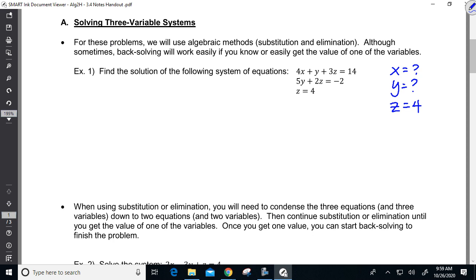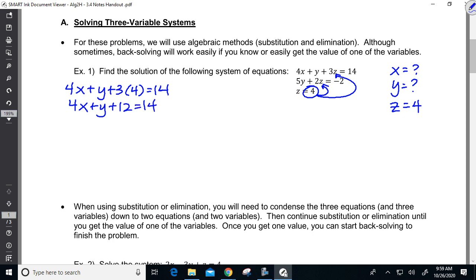So we can take 4 and plug it in for z. We have two places where we can plug it in for z. 4x plus y plus 3 times 4 equals 14. So that's 4x plus y plus 12 equals 14. Other than that, I can't really do much with that right now.